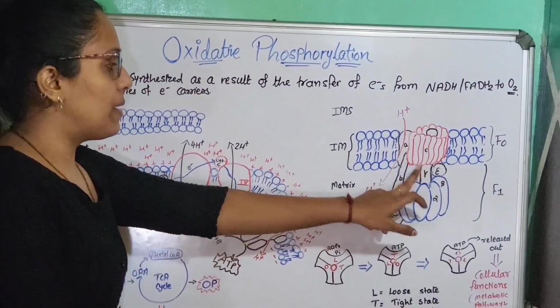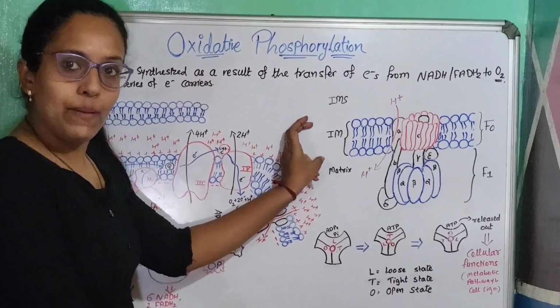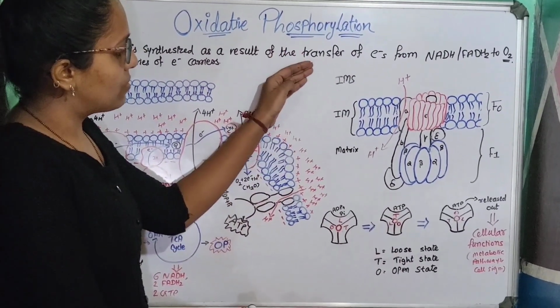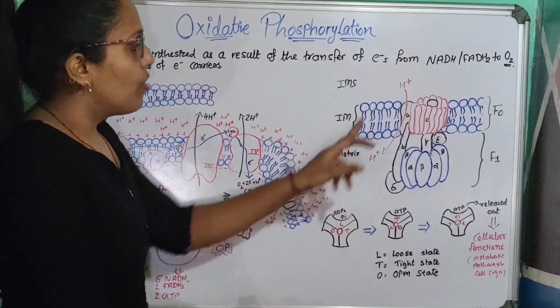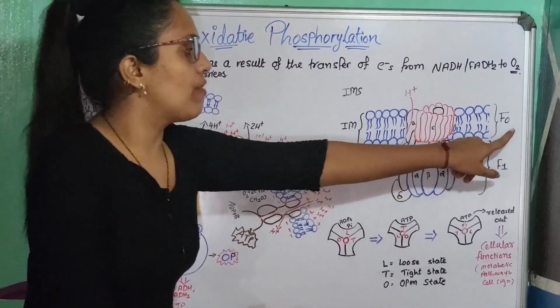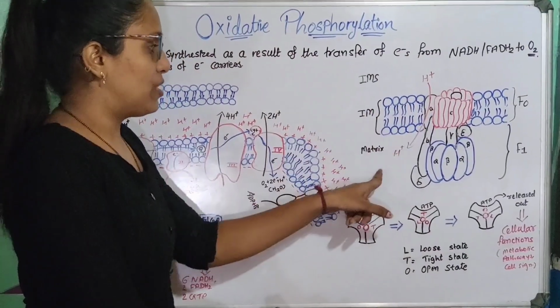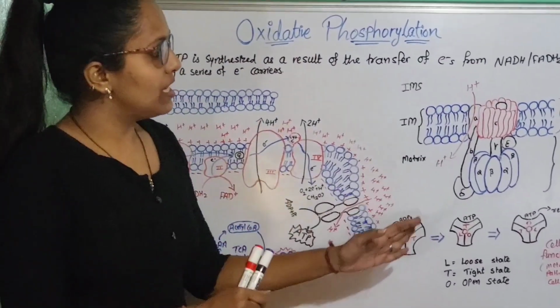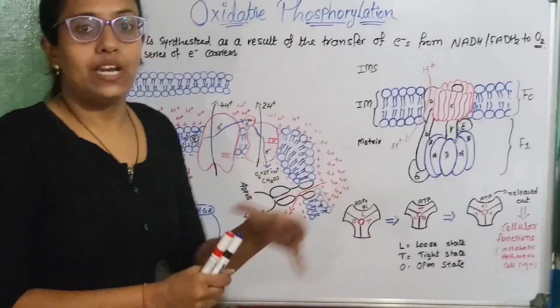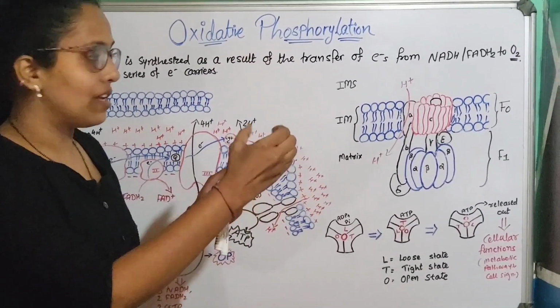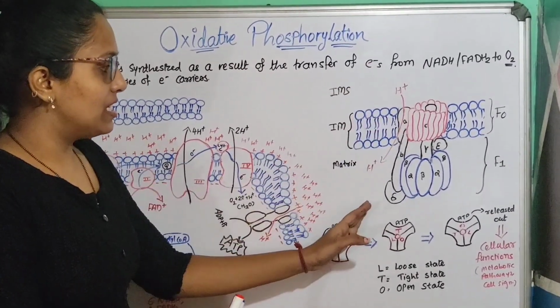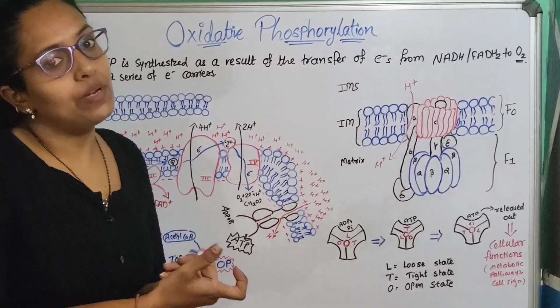It is also present in the inner mitochondrial membrane, and this is the intermembrane space and this is the matrix. With the help of the A subunit of the F0 particle, protons enter from the intermembrane space to the matrix, because the A subunit acts like a proton channel.